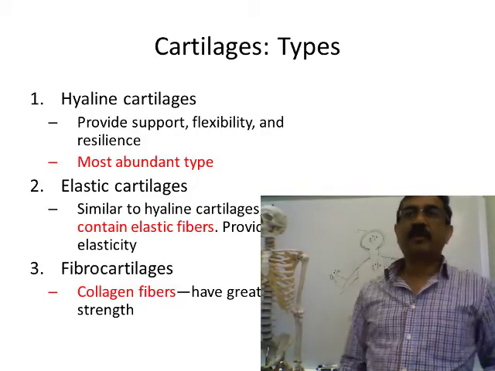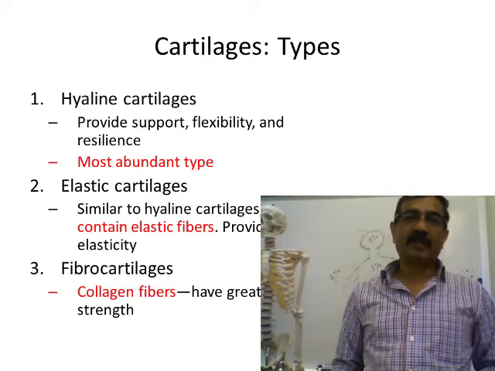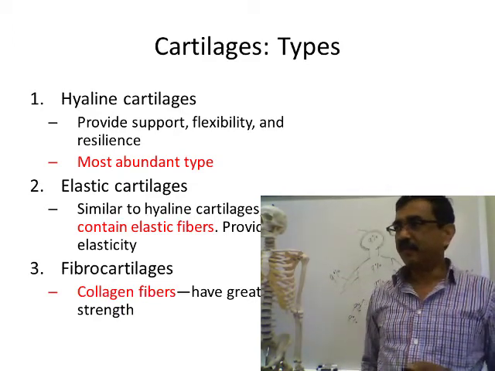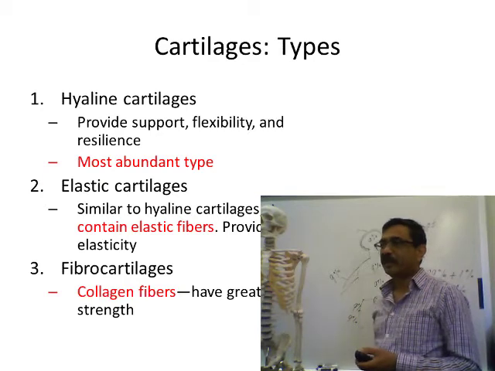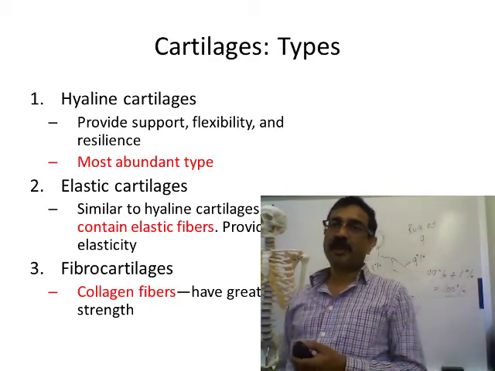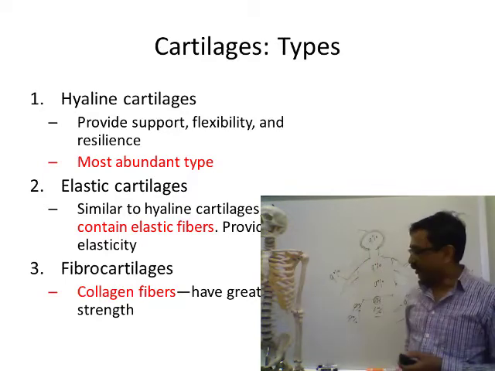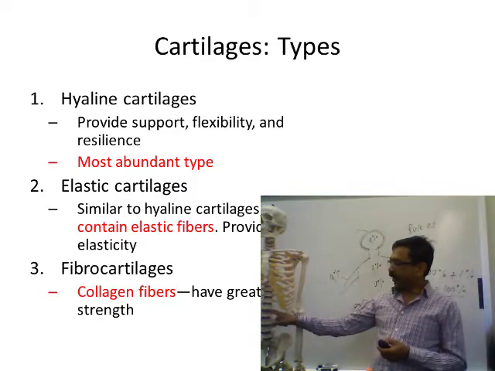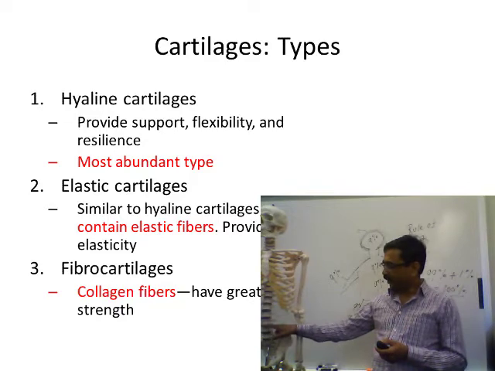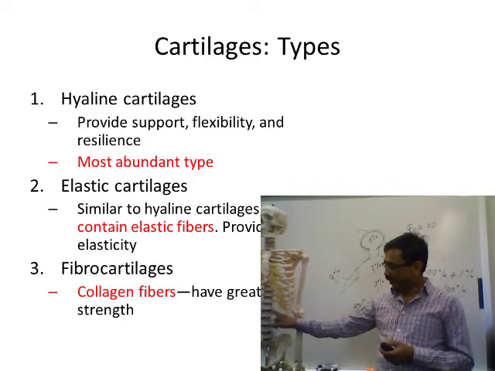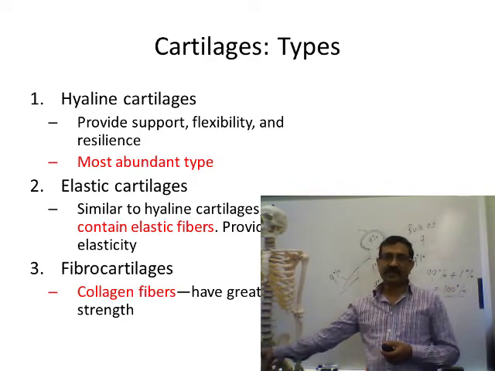Fibrocartilages. Plenty of collagen fibers are present in fibrocartilage. Collagen type fibers. Now, fibrocartilaginous structures are intervertebral discs in between the vertebrae. Pubic symphysis here.